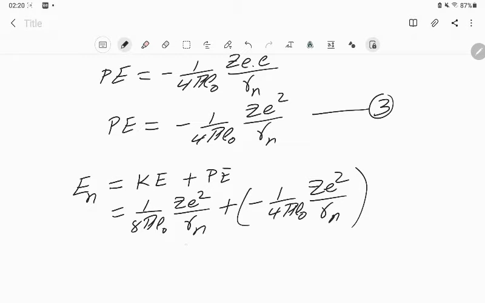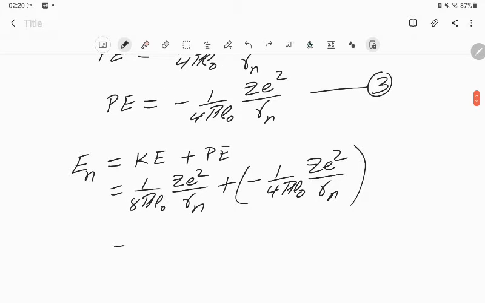Okay, these two terms are the same, so we can take common Ze square by pi epsilon naught r_n.